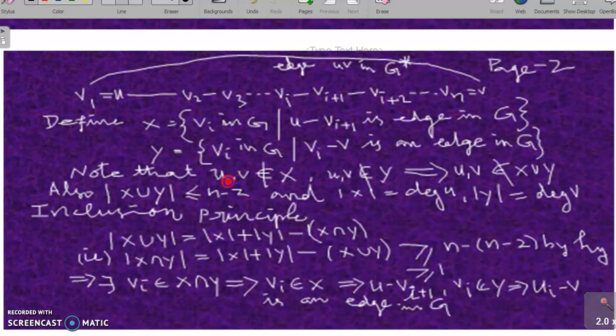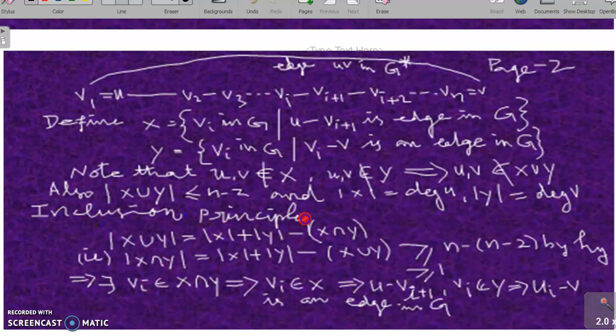The two vertices are not coming into the set, therefore n minus 2. So the total vertices in X union Y must be less than or equal to n minus 2. Also note that the size of X is equal to degree of u, and the size of Y is the degree of v.